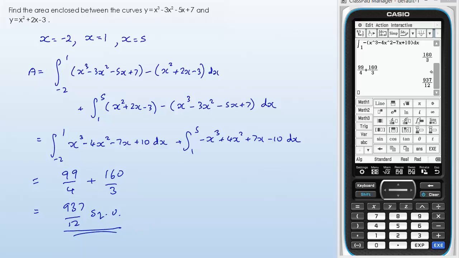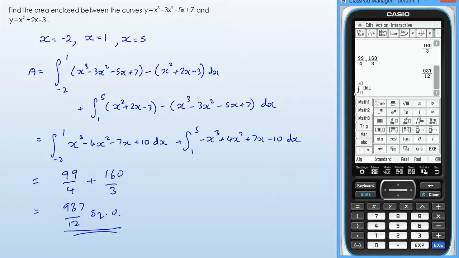Now, a trick you can use on the calculator, though, is we can do the integral all in one go. So we can go from the negative 2 all the way to 5 if in here we use the modulus function.